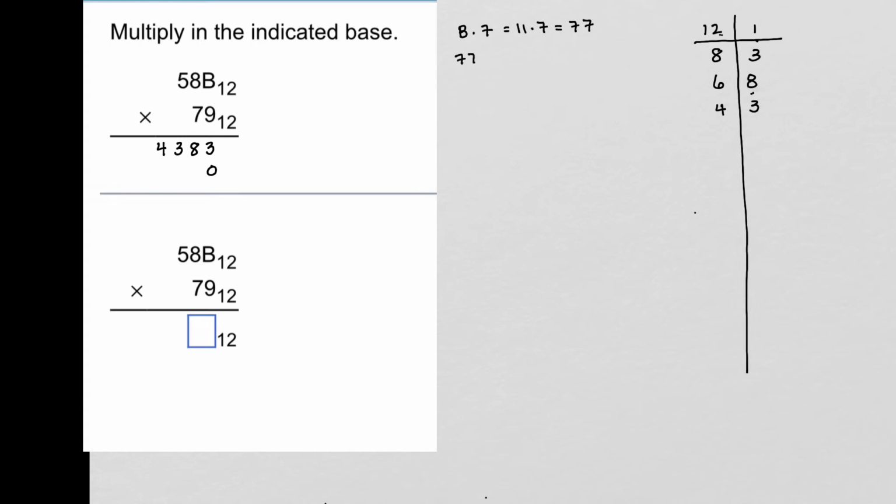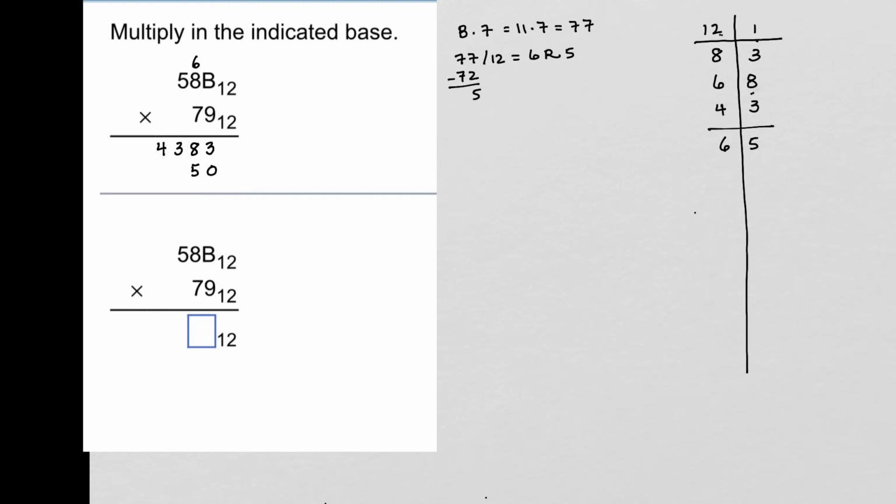So 77 divided by 12 gives me 6 with a remainder of 5. 6 times 12 is 72, and I get the 5 from subtracting 77 minus 72. So I have 6 in the 12's place, 5 in the 1's place, and I put the 5 under the 8 and carry the 6 over to the next place value.